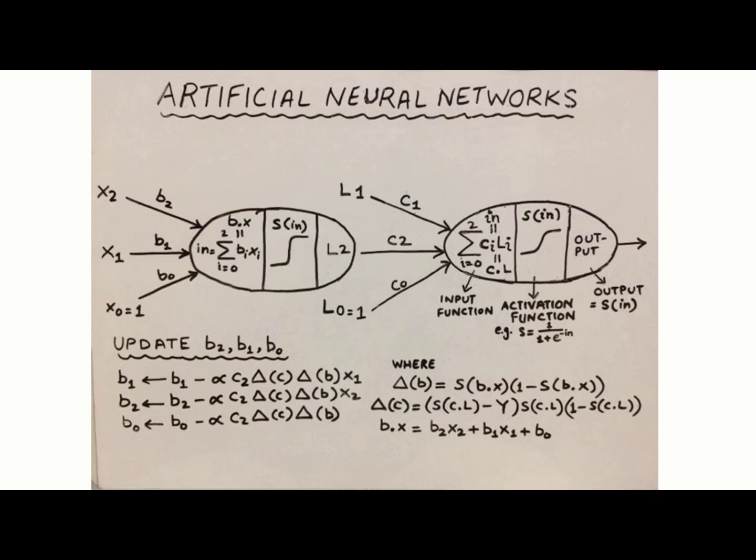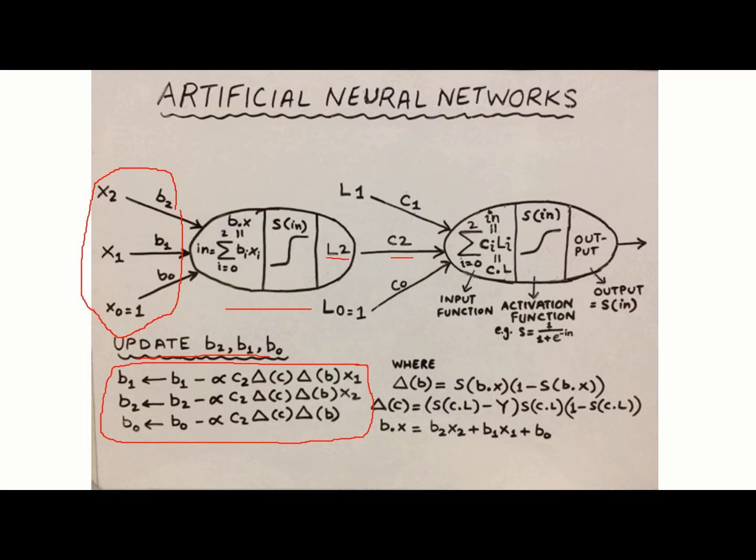Accordingly, we can also update the coefficient B's, which are the coefficients with which the inputs are multiplied, but in the second neuron at layer number 1, whose output is L2 multiplied by C2. And you can work out the equations shown here and take this as a homework exercise. So B1, B2, and B0 will be updated.